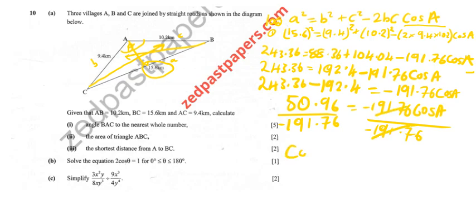It will be cos A equal to, when I divide 50.96 divided by 191.76, I'm getting negative 0.265748852.